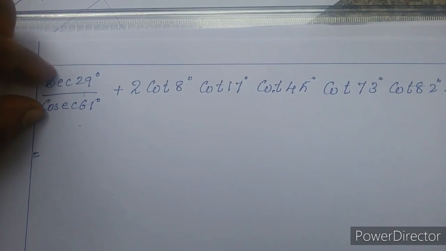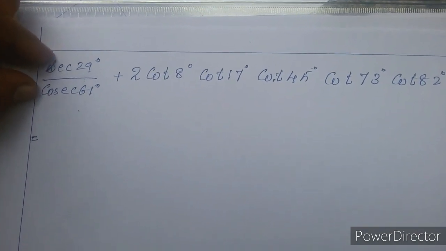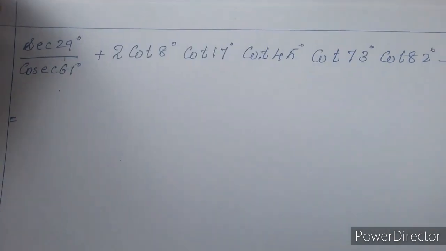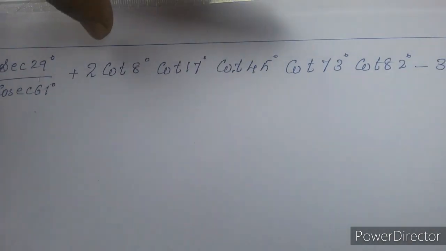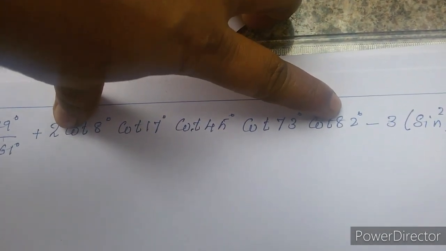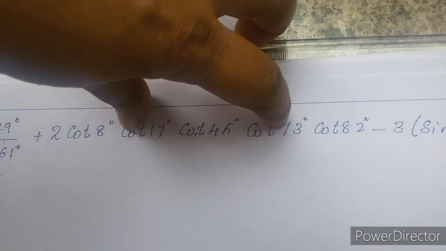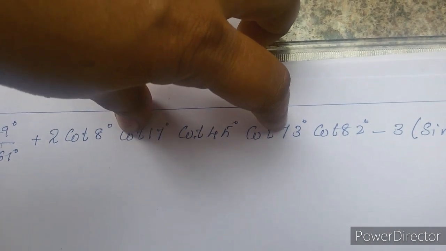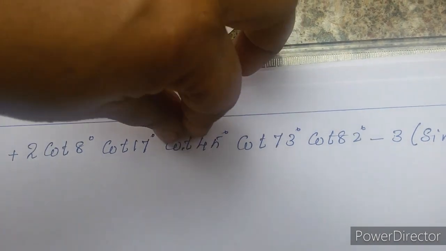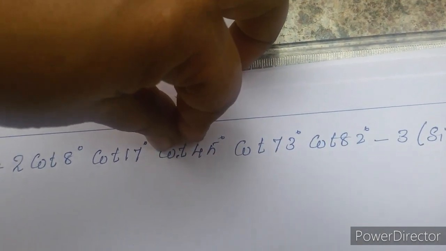So this one we will get 1, because cosec 61 means sec 29, which will get cancelled. Here we can make the first group cot 8 and cot 82, 90. So 1. Next cot 17 and cot 73, 90. So 1. Now we know the value of cot 45. Cot 45 is equal to 1.